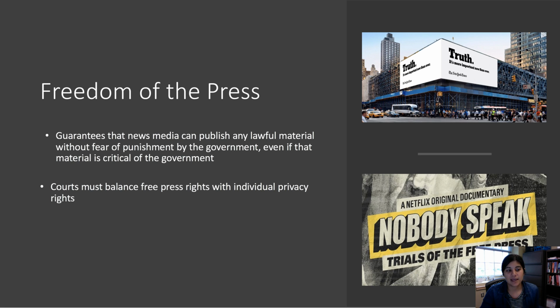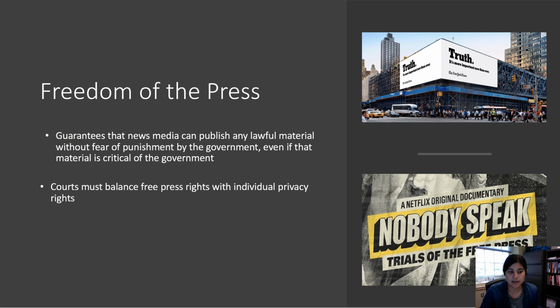So again, this particular area of the Constitution is always topical, and we want to ensure that the news media has the ability to access information and get that information to the public. It's crucial to our democracy that this freedom stays and continues to be protected.